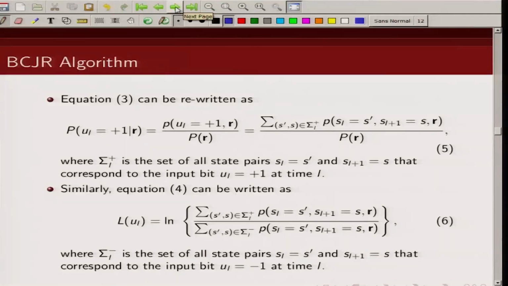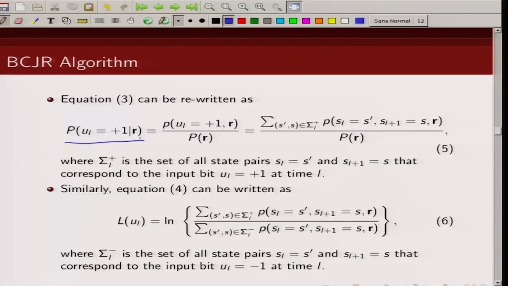Similarly, exactly the way I wrote the probability of UL being +1 given R, I can follow the same procedure to write the probability of UL being -1 given R. What will be the change here? I will compute this probability and sum over all those state pairs which correspond to input bit -1.